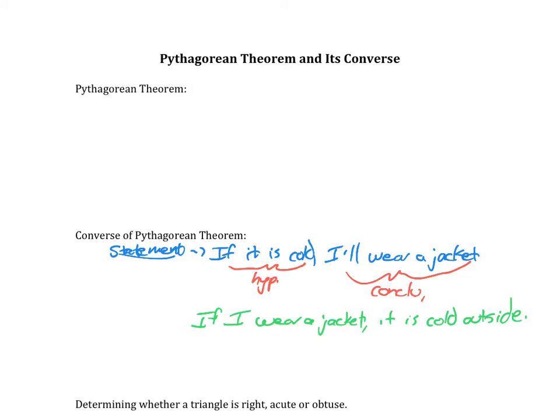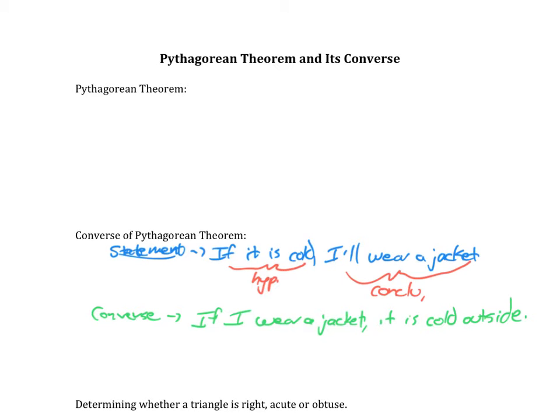But notice how I switched the 2. I switched the hypothesis and conclusion. The original statement being, if it is cold, I'll wear a jacket. The converse, again, is the switching of the hypothesis and conclusion. If I wear a jacket, it is cold outside. The statement in converse may not always be true. I could make a statement that is true, but its converse may not be true.